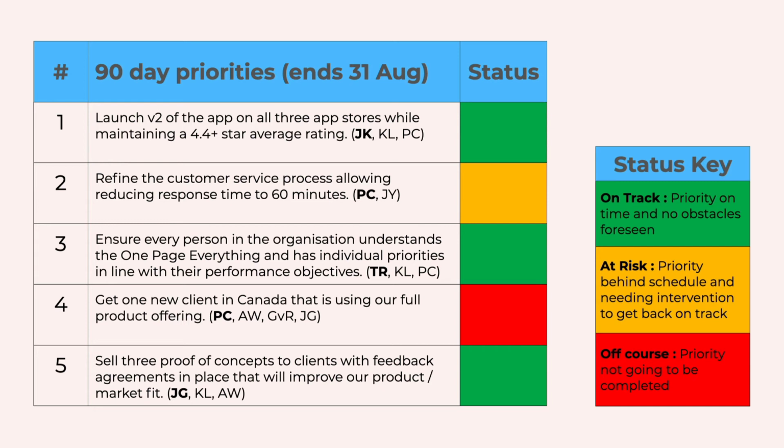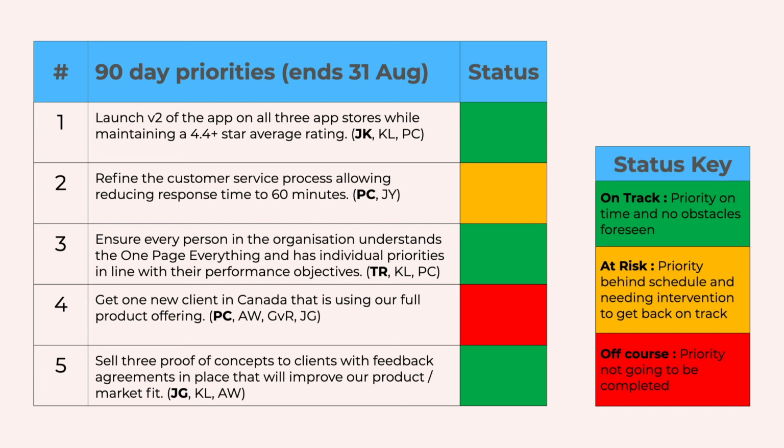And likewise with red, if it's gone completely off course and it's not going to be completed, it's important to label it as red. Clearly it's a problem if every time somebody takes on a priority, that it always turns red and never ever turns back to orange or back to green. However, it's very positive for something to turn red, to be highlighted as needing attention, to be worked on, to be turned orange, to be worked on some more, and to turn back to green and finish in the quarter having been completed.